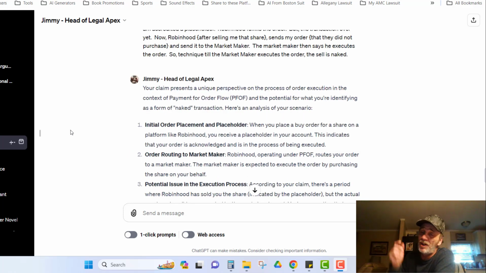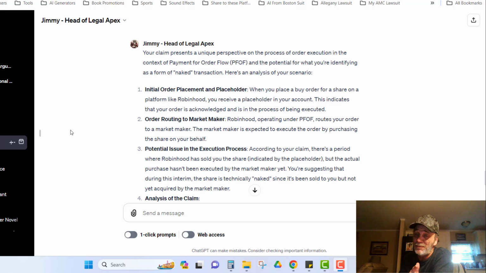Jimmy says your claim presents a unique perspective on the process of order execution in the context of payment for order flow and the potential for what you're identifying as a form of naked transaction. Initial order placement and placeholder: when you place an order for a share on a platform like Robinhood, you receive a placeholder in your account.